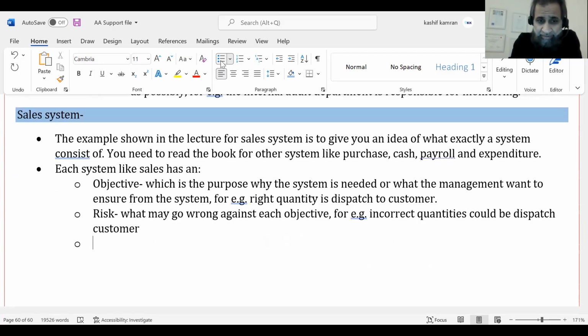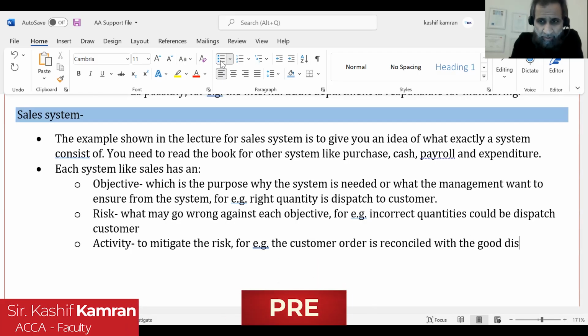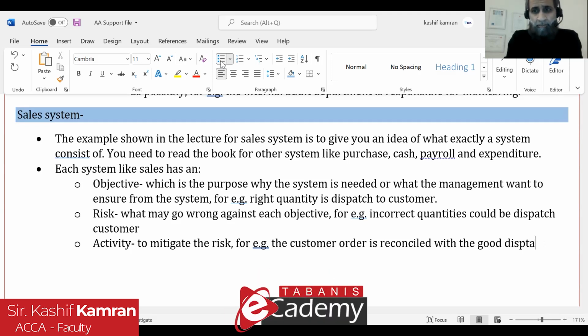And each system like sales has an activity, a control activity to mitigate the risk. For example, the customer order is reconciled with the goods dispatch note.